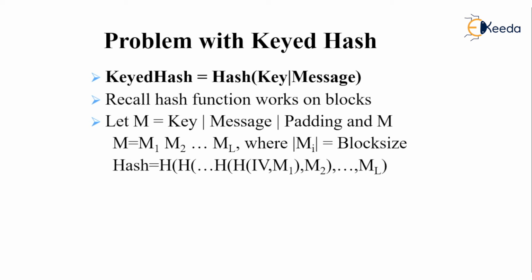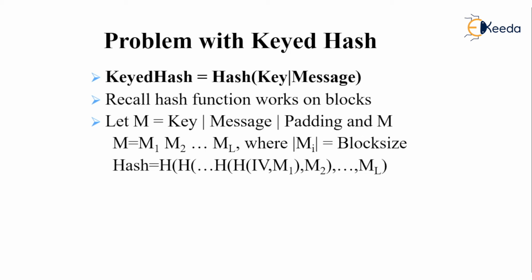Let's suppose M is the plain text message, with key, message, and padding. So M is calculated as the combination of M1, M2, till ML, where Mi is the block size, and H is the hash function to be implemented upon the different blocks of the plain text.